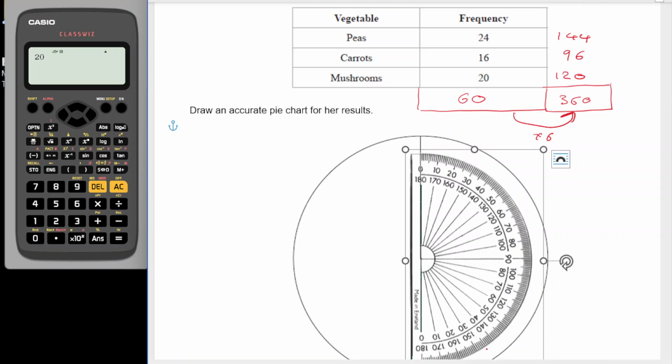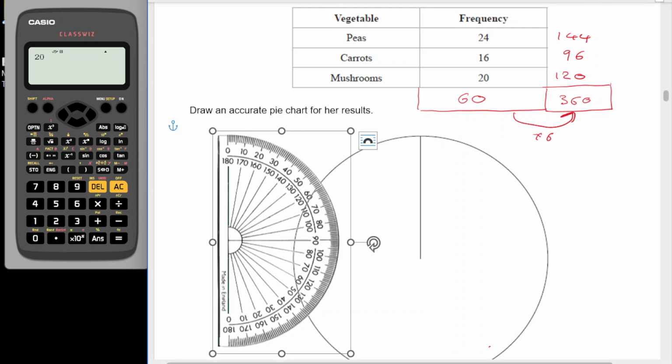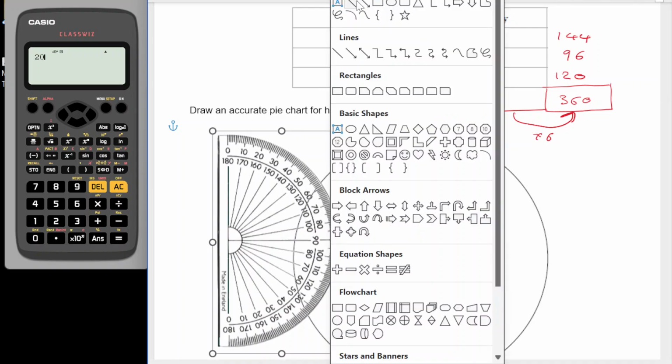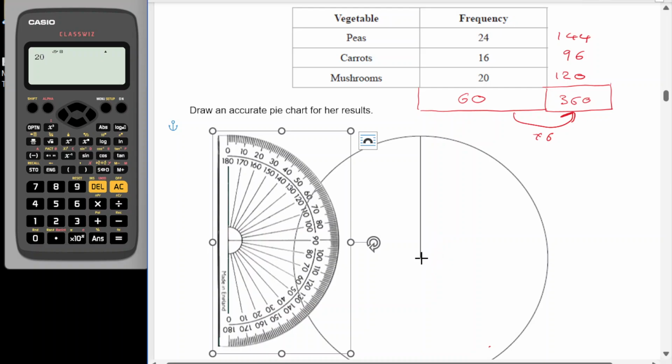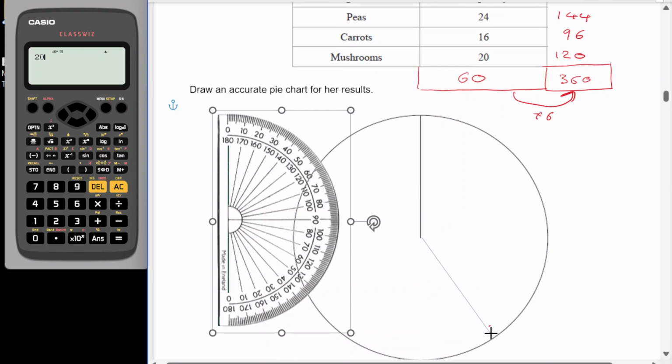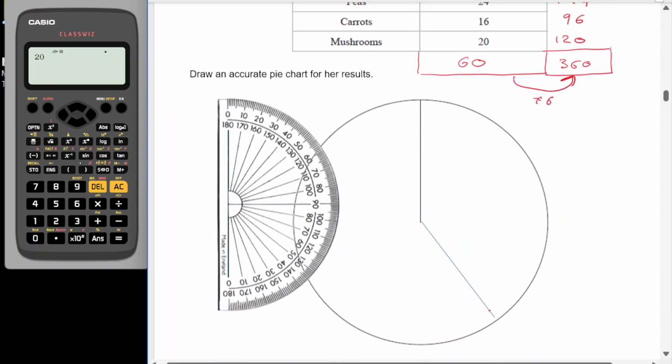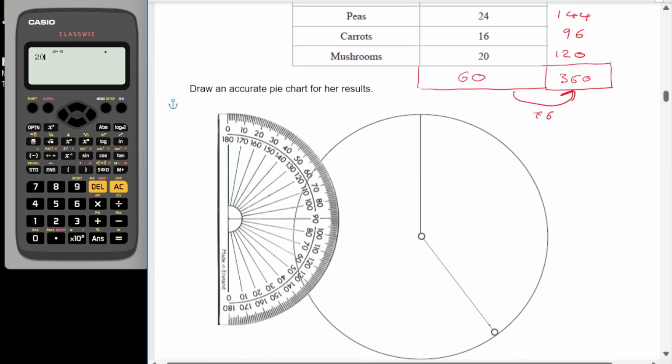So 144 is going to be here. So I'll put a dot on my sheet, and then a straight line through that dot and the center. So that's roughly my first section, and that was peas.